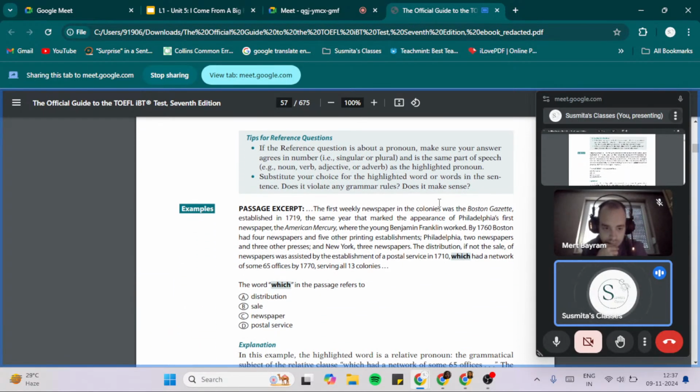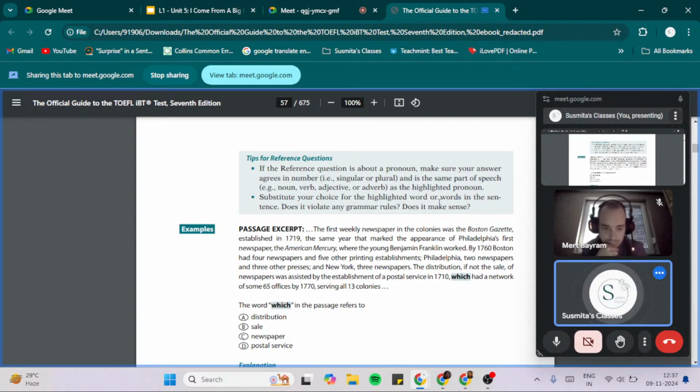Now, if the reference question is about a pronoun, make sure your answer agrees in number. What do we mean by agrees in number? We have to make sure that if the pronoun which is being used is singular, our answer is singular. If the pronoun is plural, then the answer is also plural. Singular is when we talk about one thing. Plural is when we talk about many things.